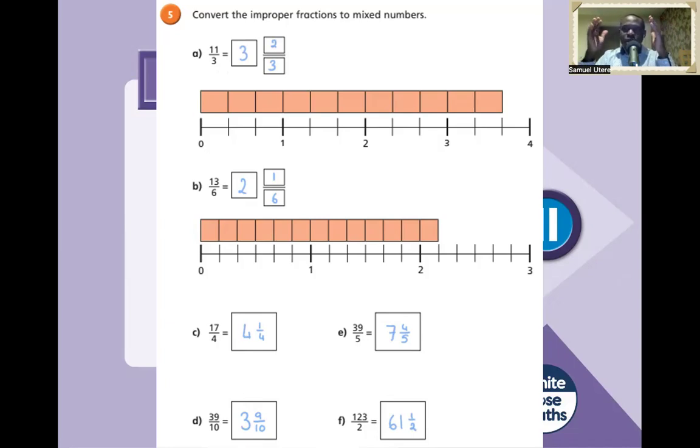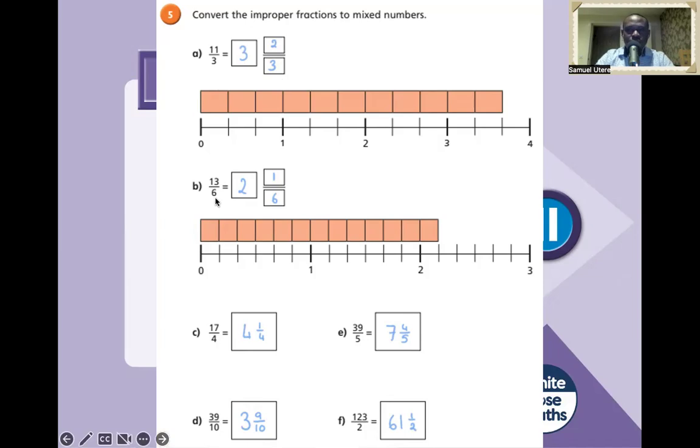So 3, 3, and 3. So that's 9. So 3 groups of thirds will give me 3 wholes. So I'll be left with 2, because remember it's 11 thirds. So that will be 3 2/3.